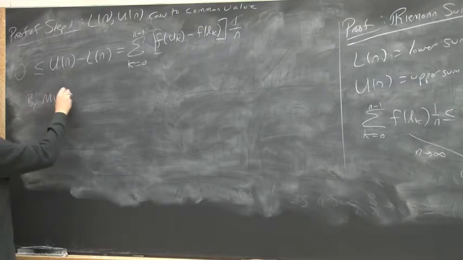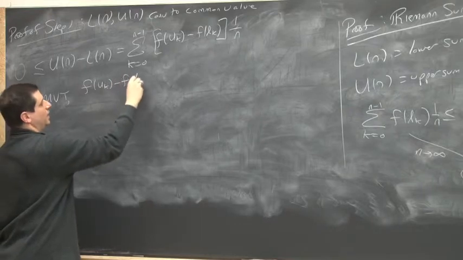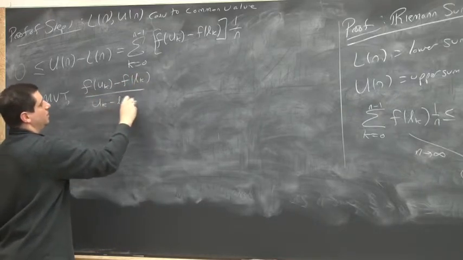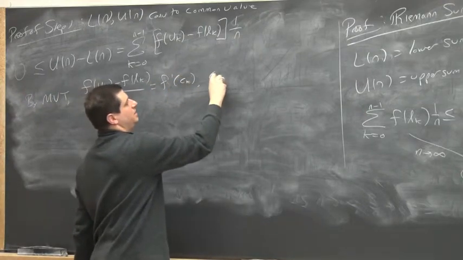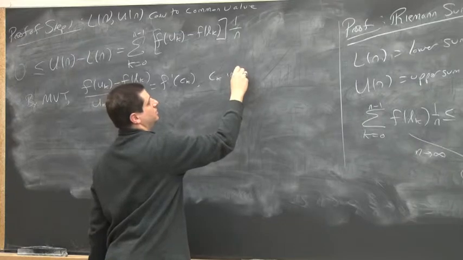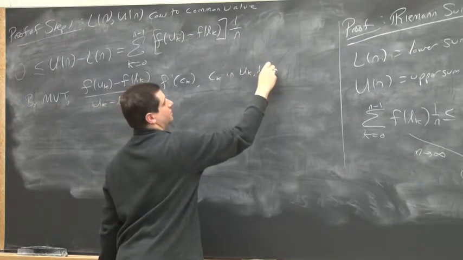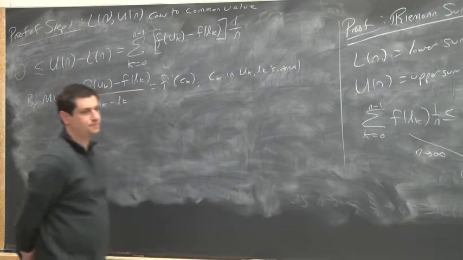By mean value theorem, f of uk minus f of lk over uk minus lk is f prime at some point ck. ck is in the interval between uk and lk. Okay?